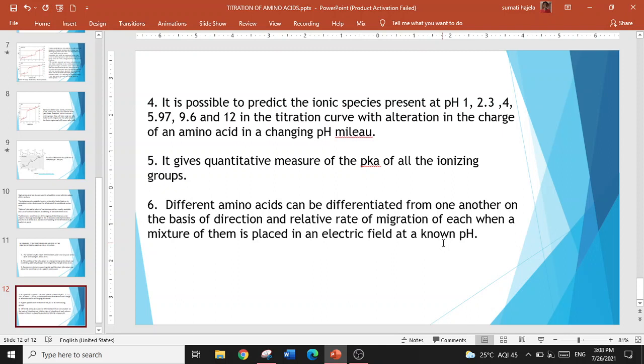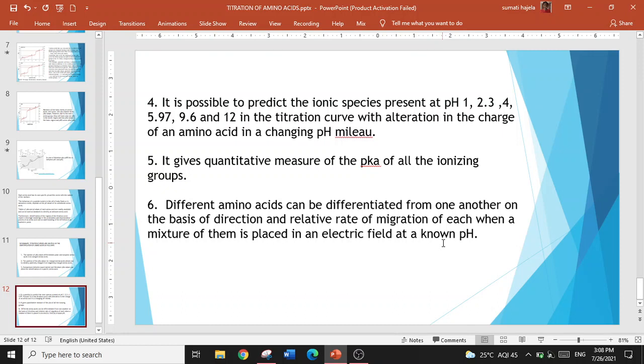This was all that we know about titration curves, and if we know the titration curve, we can take advantage of them for identification and separation of amino acids also.